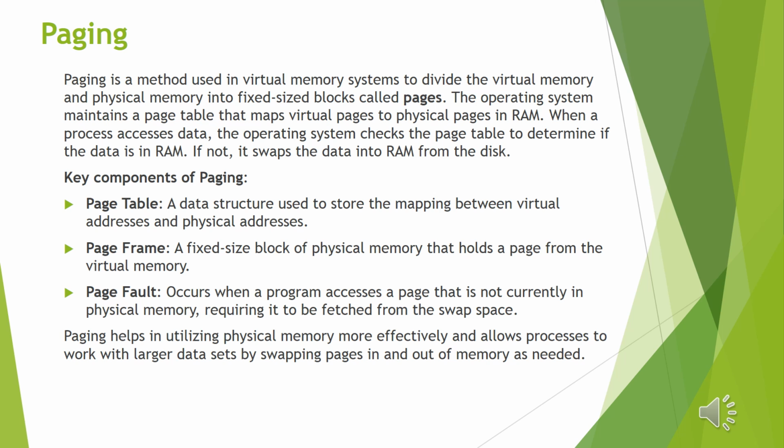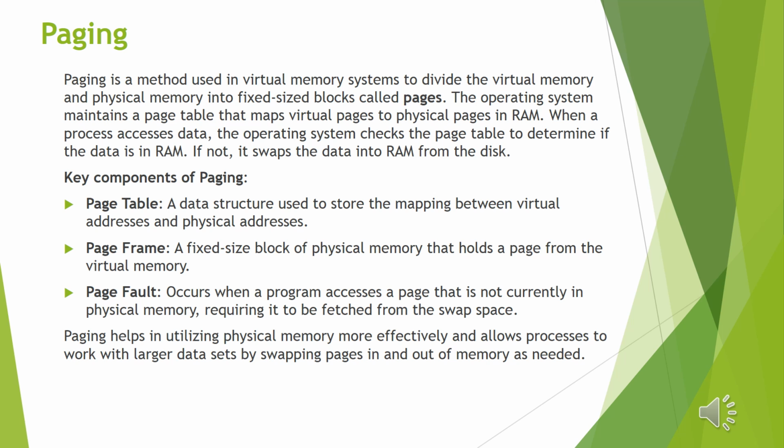The operating system maintains a page table that maps virtual addresses to physical pages in the RAM. When a process accesses data, the operating system checks the page table to determine if the data is in the RAM or if the data is not in the RAM and needs swapping.